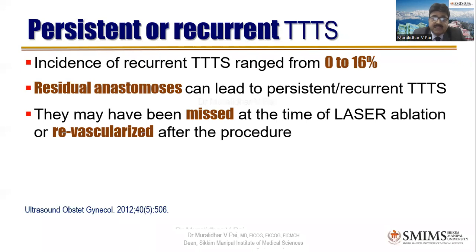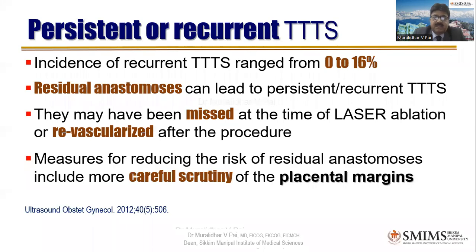They may have been missed at the time of laser ablation or revascularized after the procedure. Whatever it is, there is persistence of anastomosis, which is giving rise to persistent or recurrent TTTS. Measures for reducing the risk of residual anastomosis include more careful scrutiny of the placental margins.